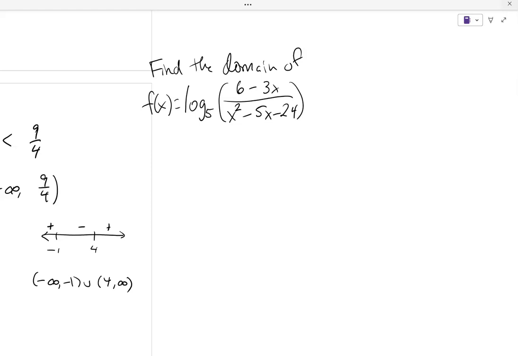So we need to make sure that our inside here is greater than 0. And now this should look like a problem that we talked about before, right? This looks like those rational inequalities that we were solving back in section 3.7. If I'm going to solve a rational inequality, what do we want to do next?